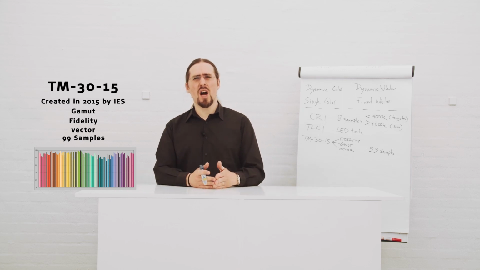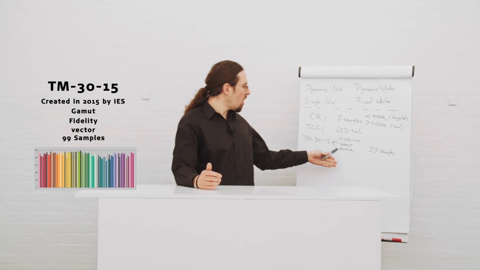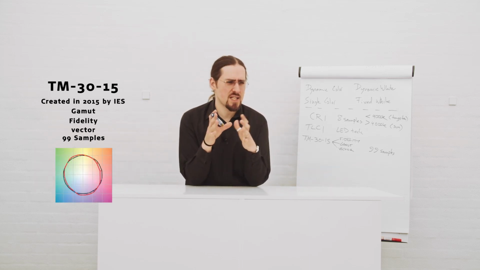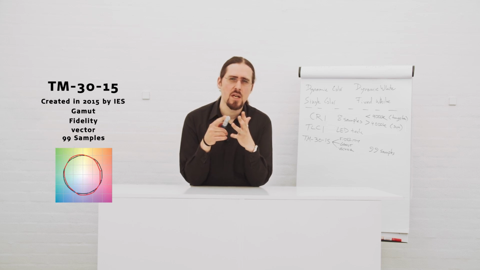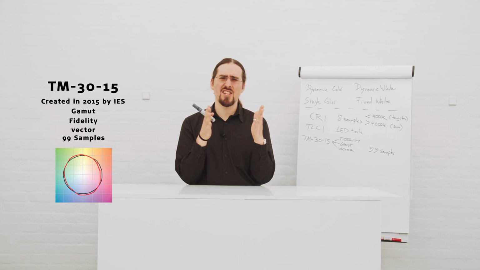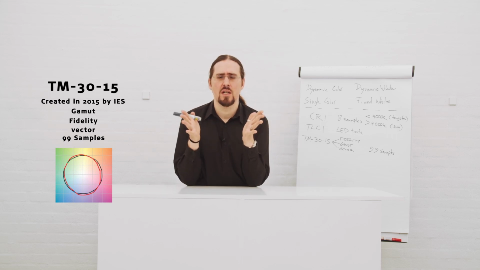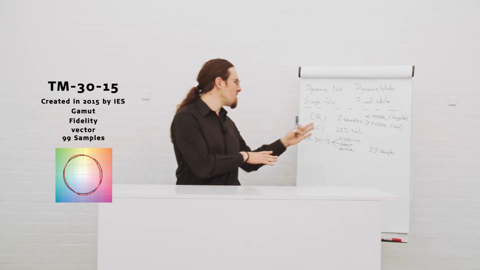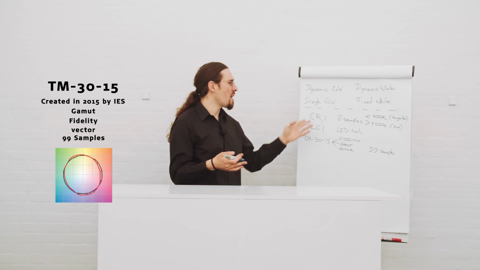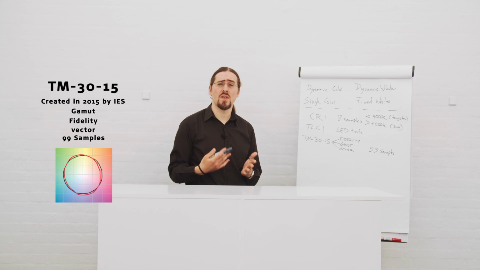It tells you how saturated the colors are. And the color vector graphic represents, in a kind of color space, how the saturated and desaturated colors behave in this particular light source. So the combination of the three gives you a lot of information that the CRI is missing, and that's why the TM30-15 system is very interesting.